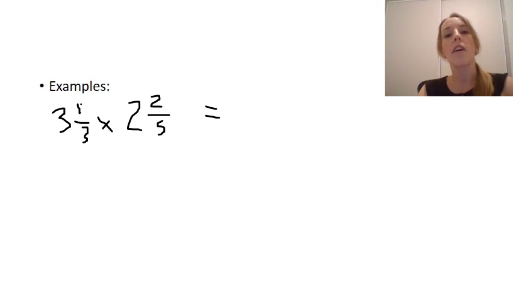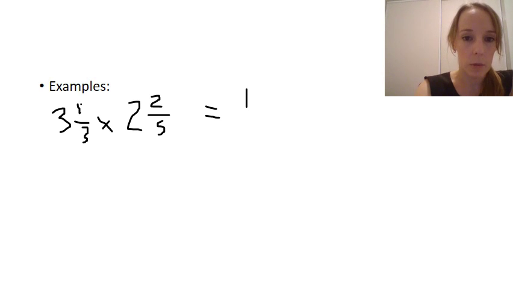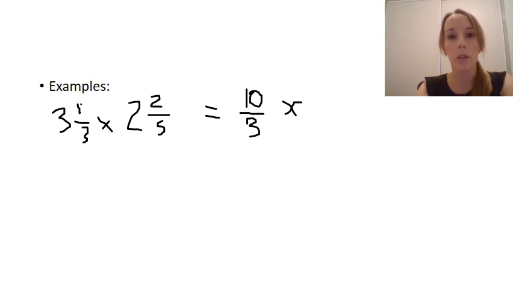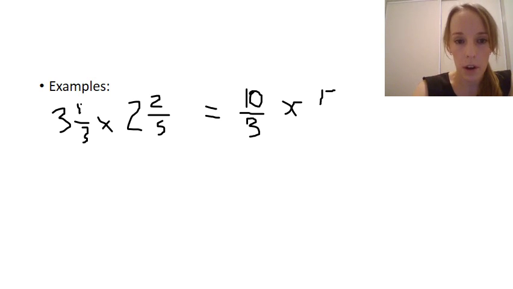Okay, so the first thing we're going to do is convert that mixed number into an improper fraction. So the first one, 3 and 1/3, 3 times 3 is 9, plus 1 is 10, so that leaves us with 10/3. And the second one, 5 times 2 is 10, plus 2 is 12, so 12/5.